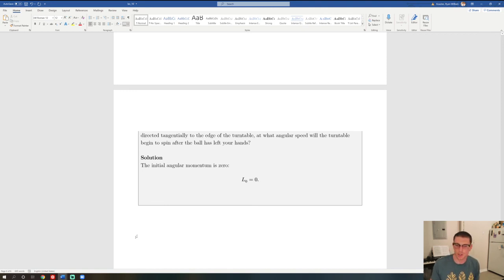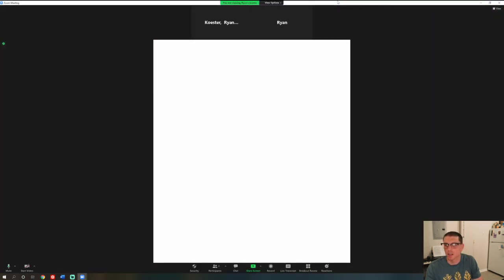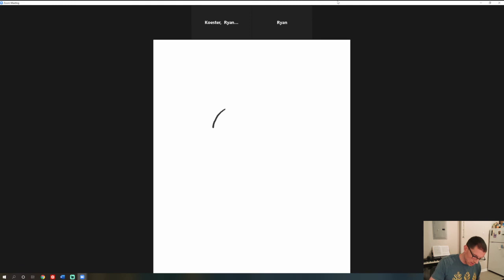So let's make a sketch here because we want to think about what happens after the ball is thrown. I'm going to say the total angular momentum of the system is, and let's just quickly make probably a terrible sketch of what's happening here, but it should get the point across. So this is the top view of the turntable, and you're standing, say, right here.